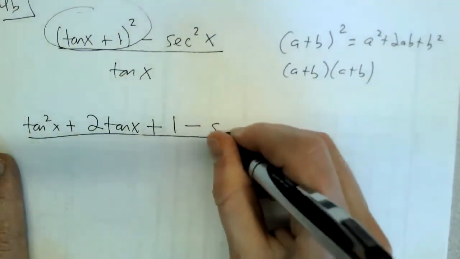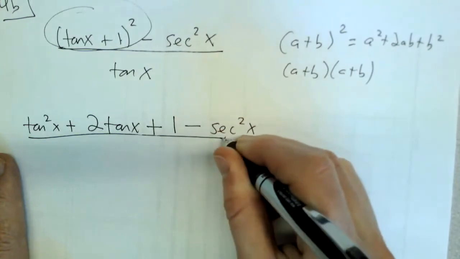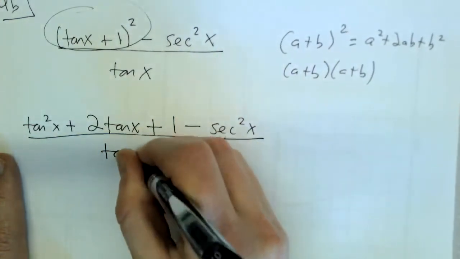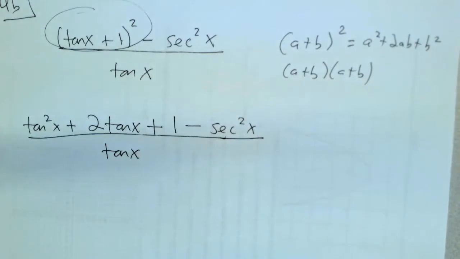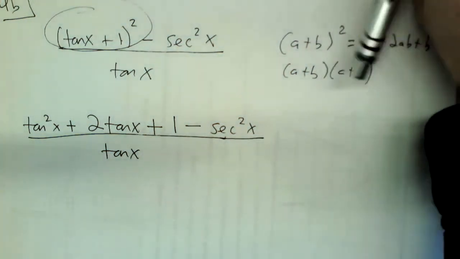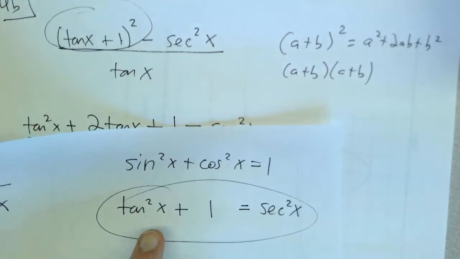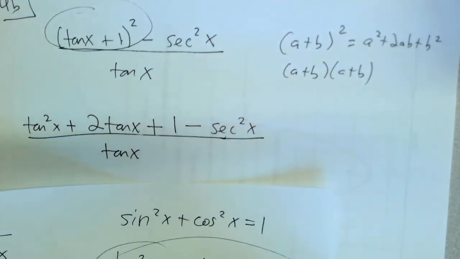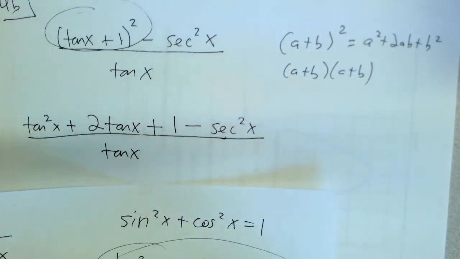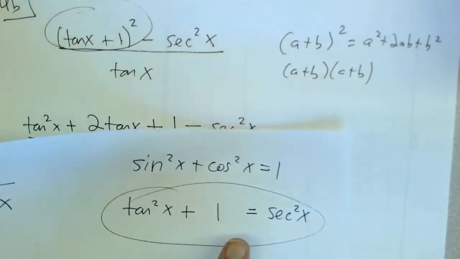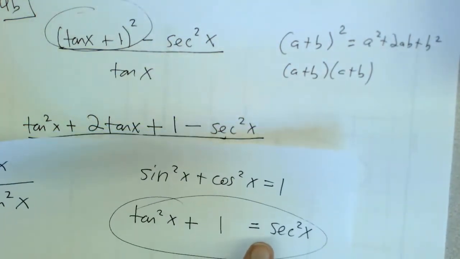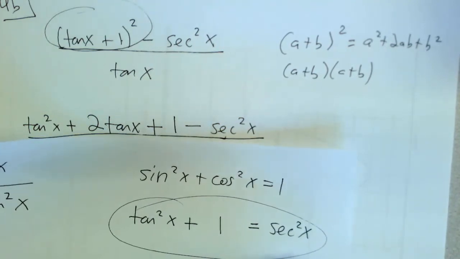And then we've got a minus secant squared all over tangent. I think 1 minus secant squared might be a thing. Because I wrote down the Pythagorean identity a second ago, right? Here it is. Tan squared plus 1 is secant squared. So you can rearrange this equation to obtain a 1 minus secant squared.